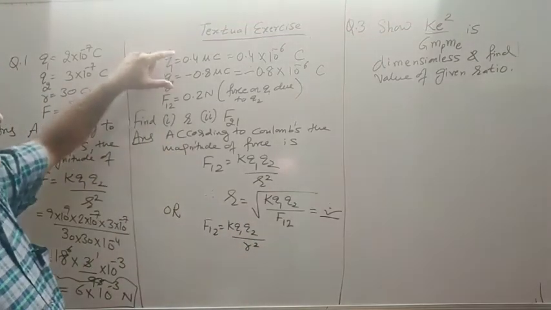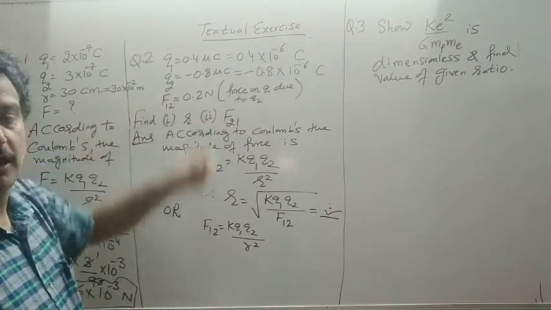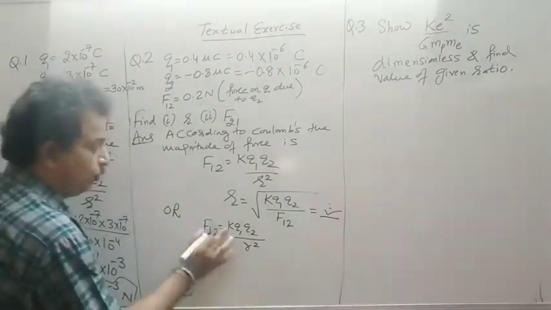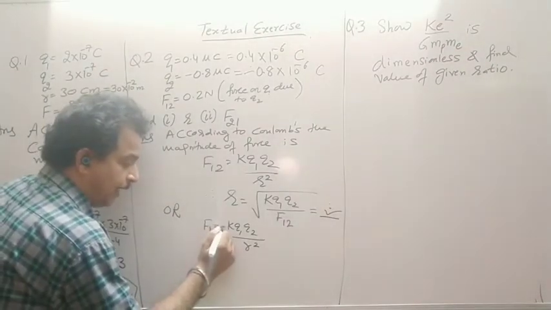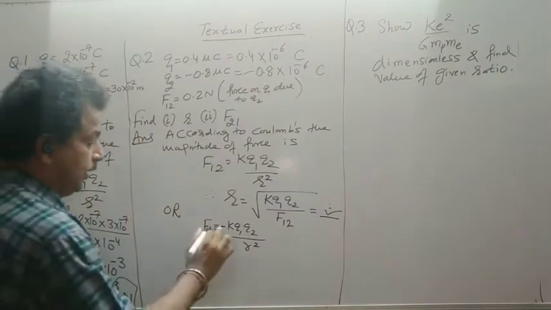Now it is clear that one is positive charge and another is negative charge. So there is a force of attraction. So we substitute a minus sign where negative sign indicates the force of attraction.